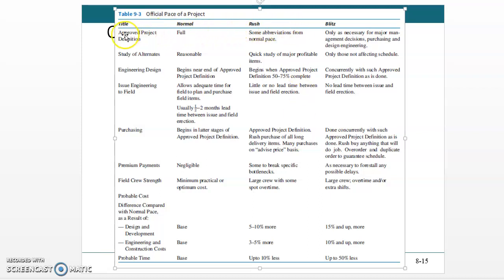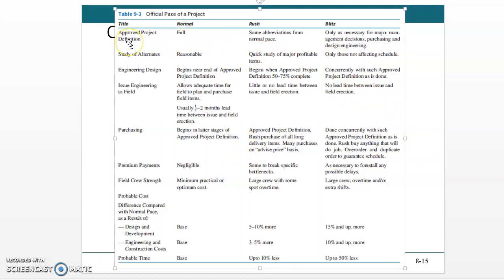For example, one approach is the rush approach, and the other is called the blitz approach, and their comparison has been shown here in this table compared with the normal.